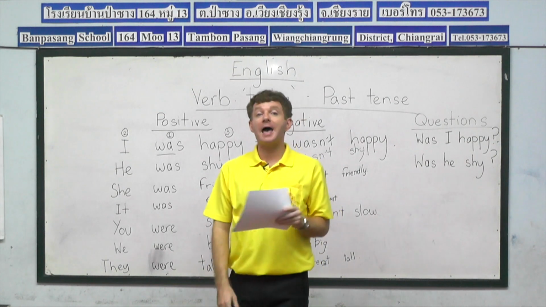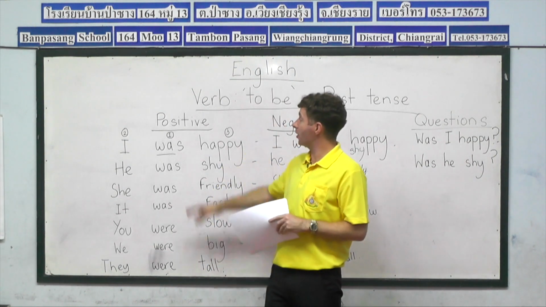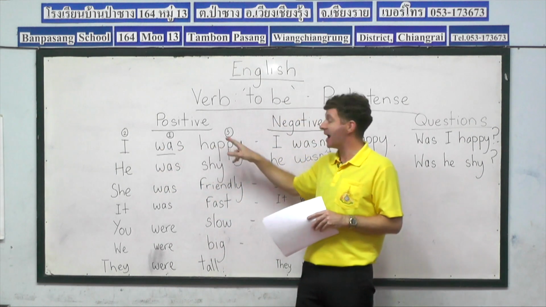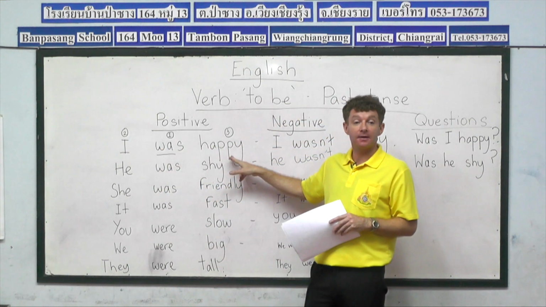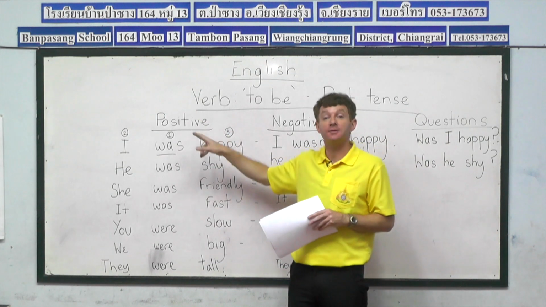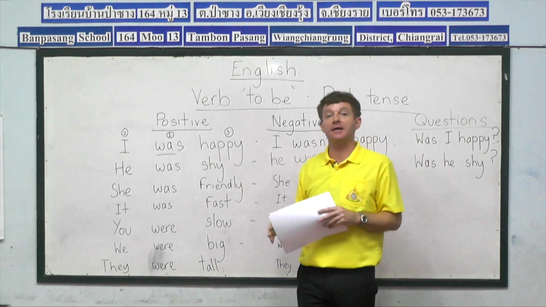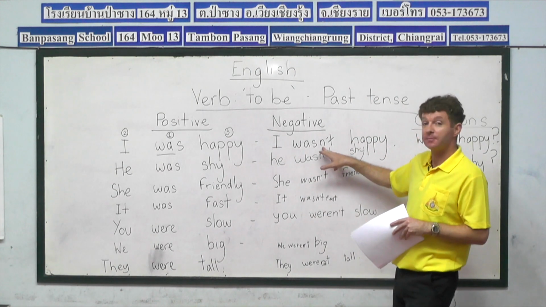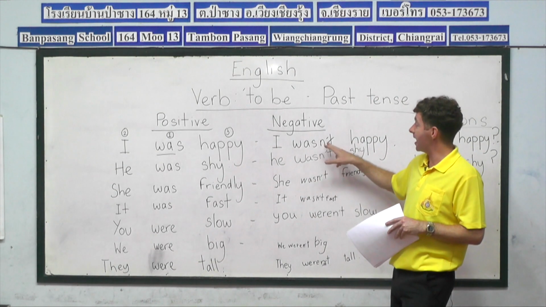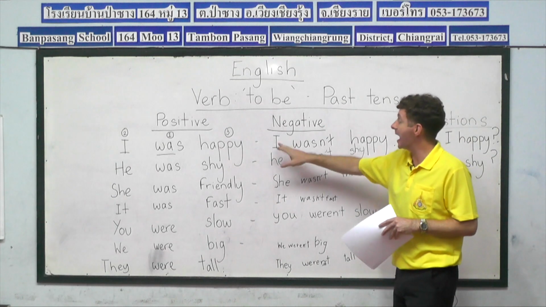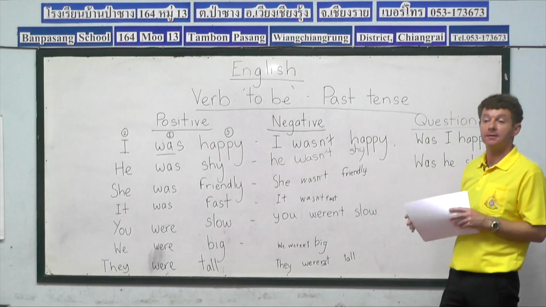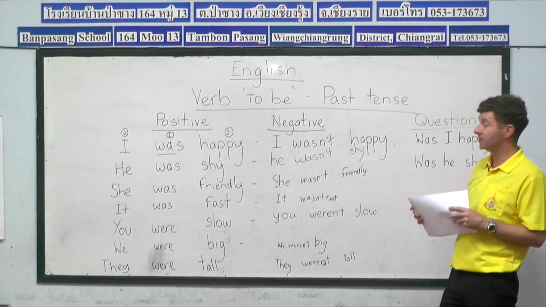So one more time, remember, when we're looking at positive statements, I was happy. Can we say, guys, I was happy. But to turn them into negative form, we can simply add the letters N apostrophe T. I wasn't happy.